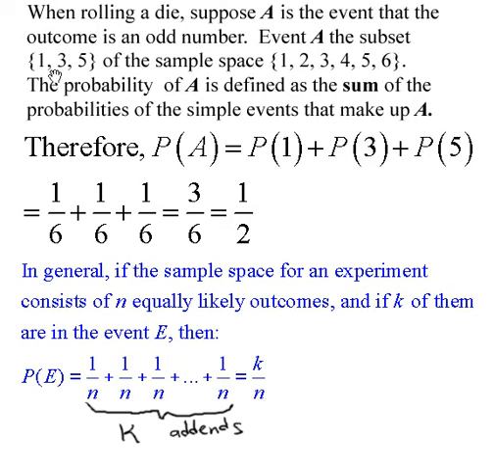So just like in this numerical example, we had 3 over 6. It could have been a 1 or a 3 or a 5 that we rolled. So we had 3 out of 6. Here it'll be k out of n if we generalize that.